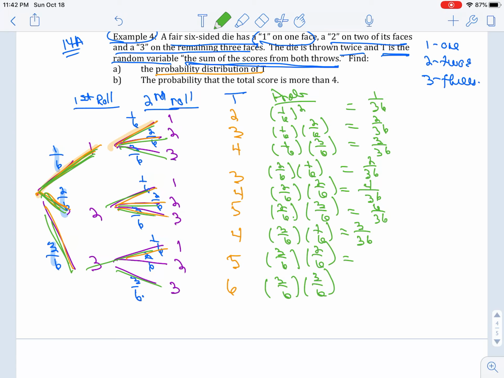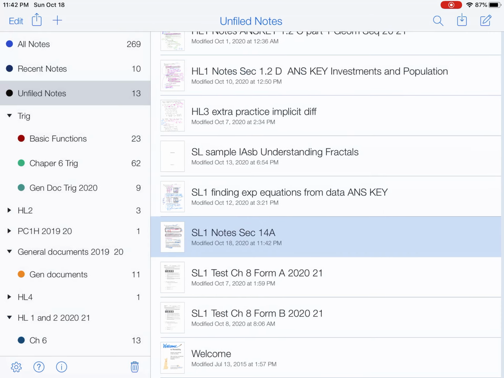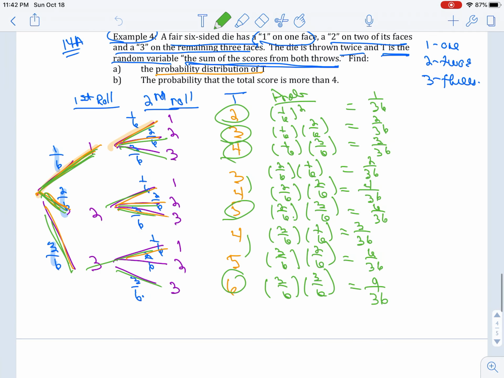The next one is 3/36, 6/36, 9/36. Now we note that T can take on the values 2, 3, 4, and the 5 and 6 we've already got.